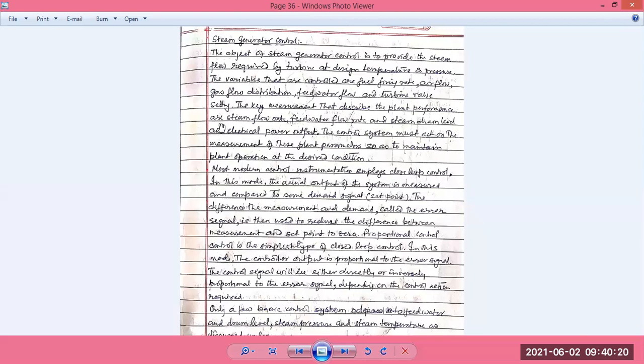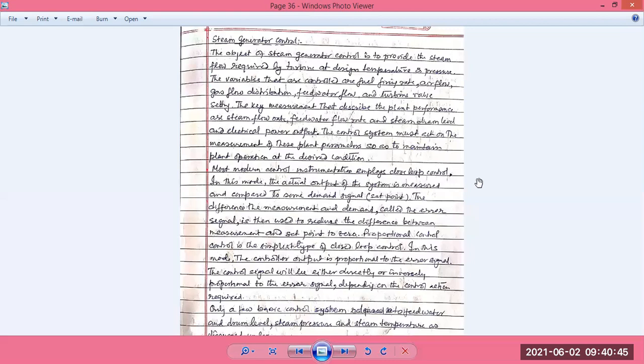Now, the key measurements that describe the plant performance are the steam flow rate, the feed water flow rate at an interval, and the electrical power output. So the key measures for checking the plant performance are the steam flow, the flow rate of feed water, and the turbine.